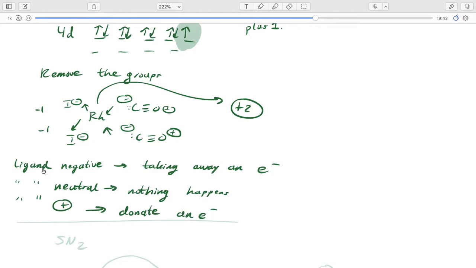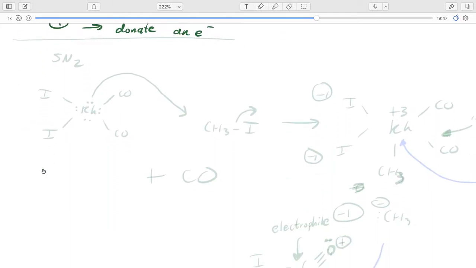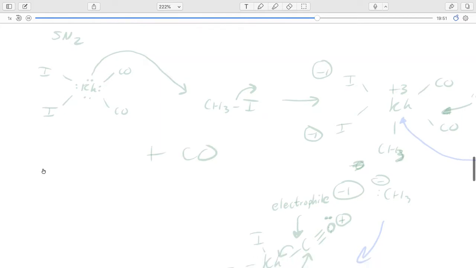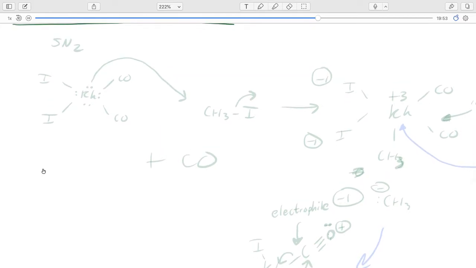Now let's go through the reaction, shall we? So the first thing that happens is SN2. Did a lot of people miss this question on the test? The fourth one?